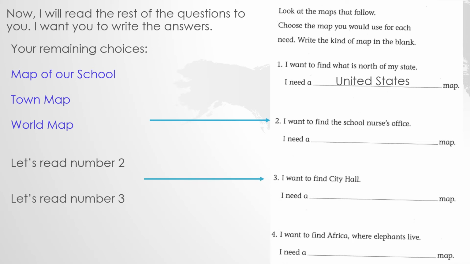Let's read number 3. I want to find City Hall. I need a blank map. Do I need a map of our school, a town map, or a world map?